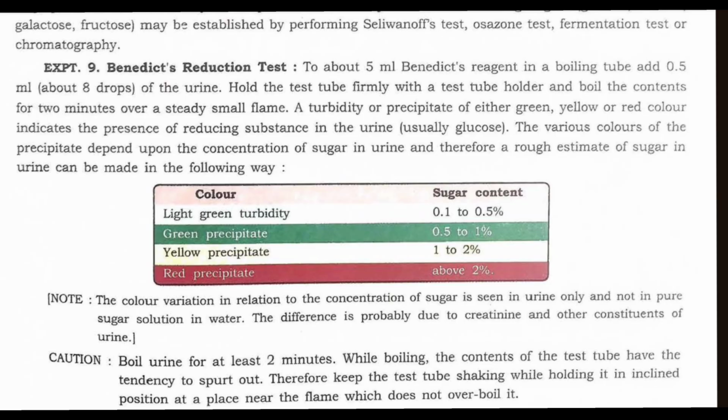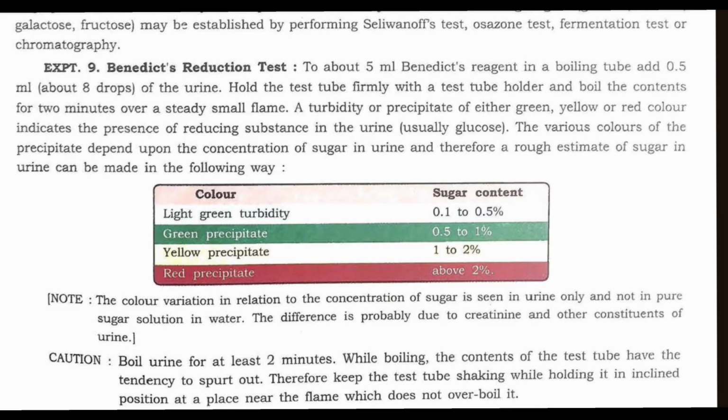A turbidity or precipitate of either green, yellow, or red color indicates the presence of reducing substance in the urine, usually glucose. The various colors of the precipitate depend upon the concentration of sugar in urine, and therefore a rough estimate of sugar in urine can be made in the following ways.